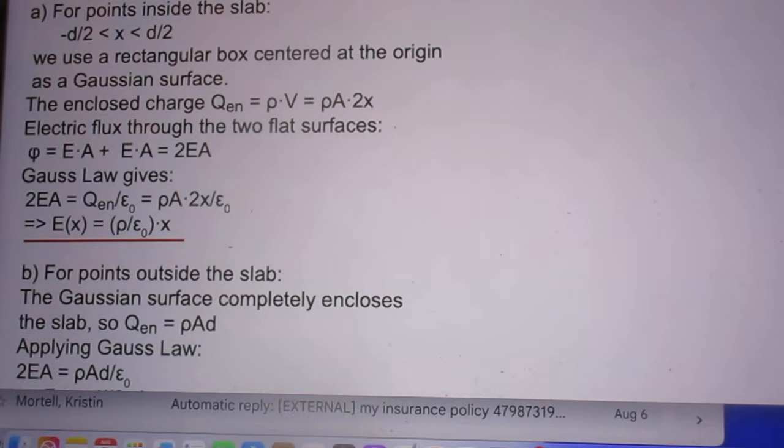So he first goes to points inside the slab, and I would allow you to read this.